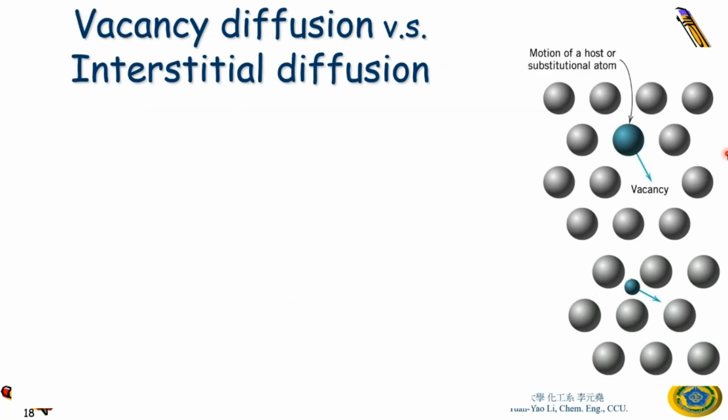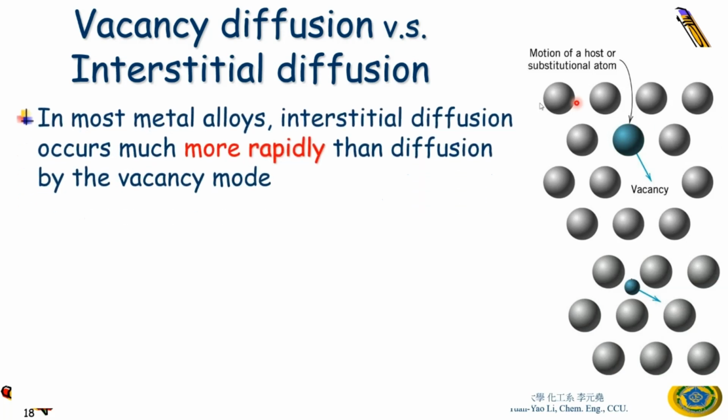So if you compare these two types of diffusion, this is substitutional diffusion or vacancy diffusion. This is interstitial diffusion. So which one will be faster? This one, or this one? Of course, interstitial, right? Because for vacancy diffusion, you need to have more vacancies. But for the interstitial, there is plenty of space. This atom can move around.